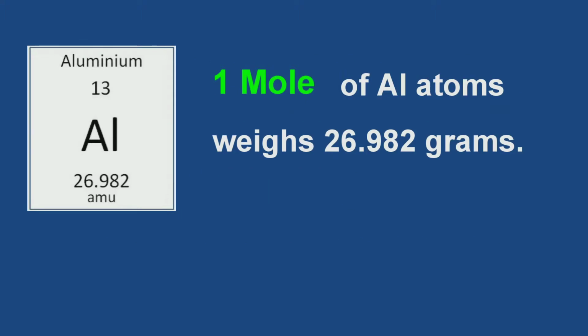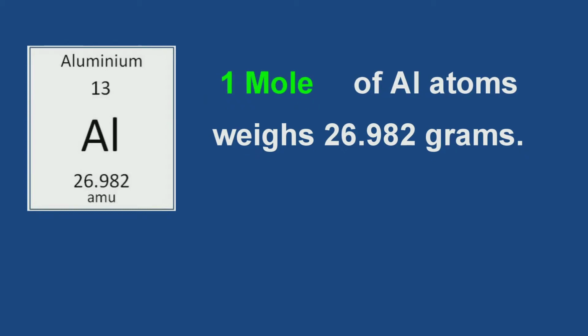Now we know that 1 mole of aluminum atoms weighs 26.982 grams. We also know that the word mole is just a name for a specific number. Let's plug in that number. So there are 2 ways to make this statement.